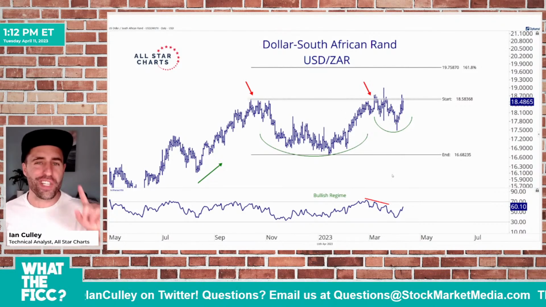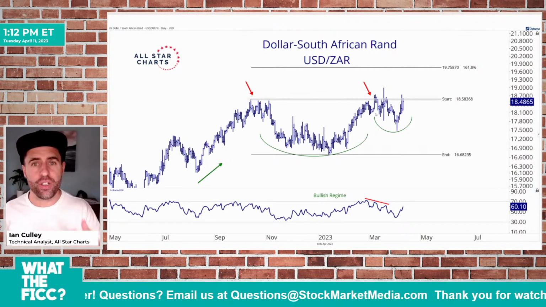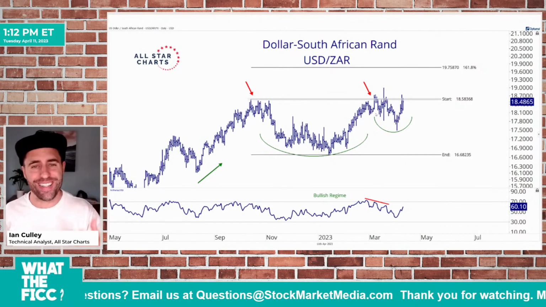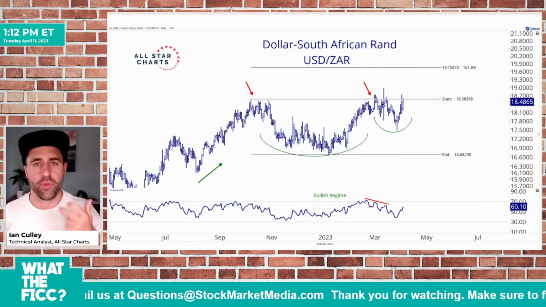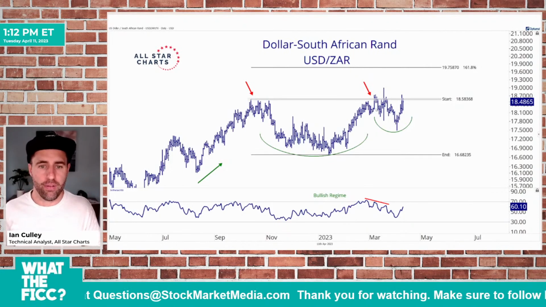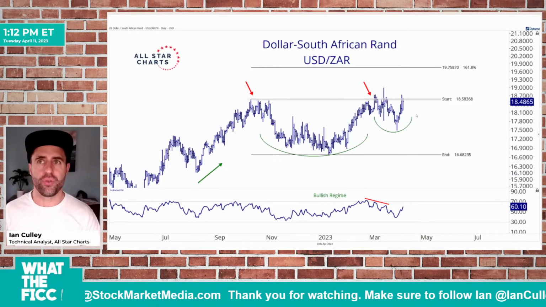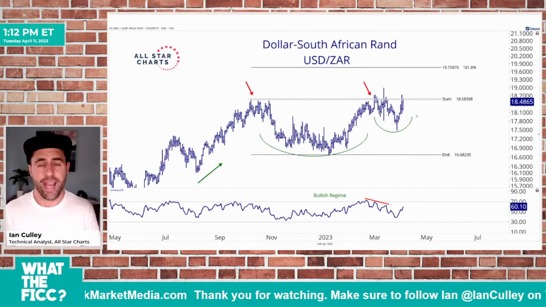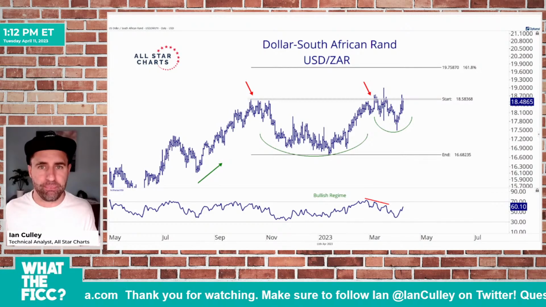But it's the way in which they failed that's really important here. And that's the handle. They still continued to show up. They're persistently buying, stepping in and supporting higher prices for the dollar rand, right? That just speaks to demand, and it adds a bullish interpretation to the pattern.